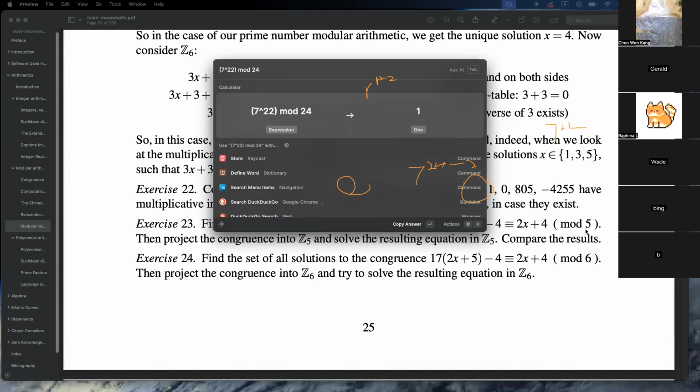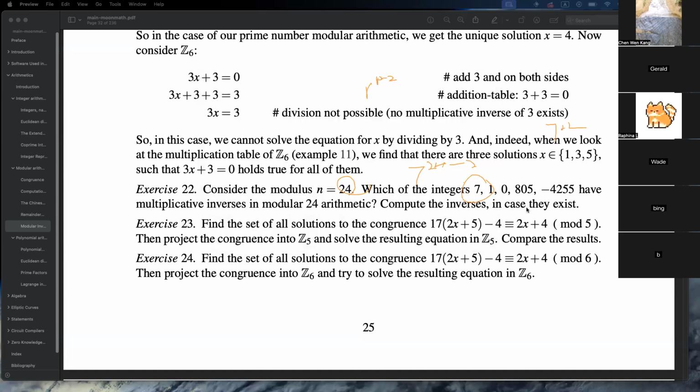That doesn't make sense. Wait, 7 to the 24 minus 2... That doesn't really make sense to me.